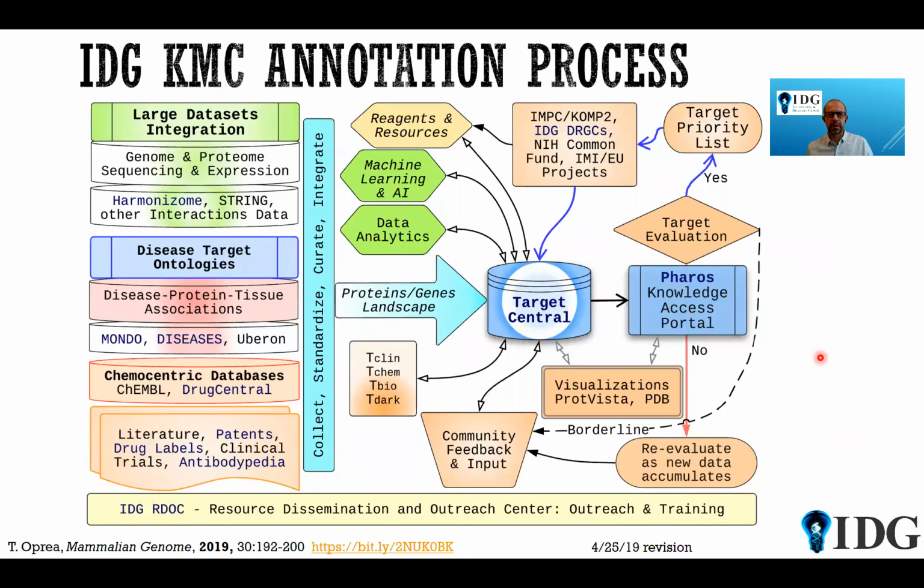With respect to data collection and the enterprise from the IDG Knowledge Management Center, what we're essentially focusing on is large-scale data set integration, both from the genome and proteome areas, as well as multiple resources such as Avi Ma'ayan's Harmonizome, STRING, which is the largest protein-protein interaction database, etc. We had to develop our own drug target ontology with Stefan Schürer at Miami, and we are absorbing chemocentric data such as ChEMBL and DrugCentral, and I will get back to DrugCentral later.